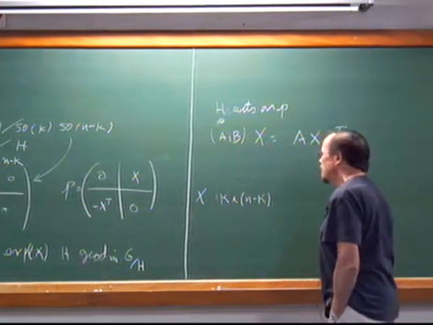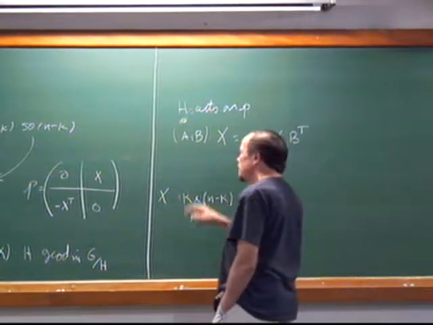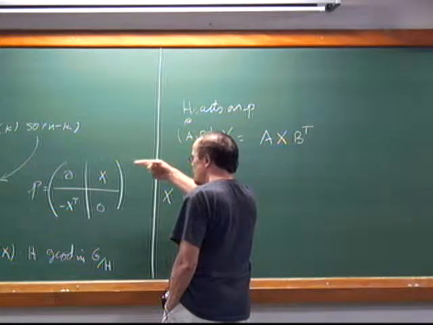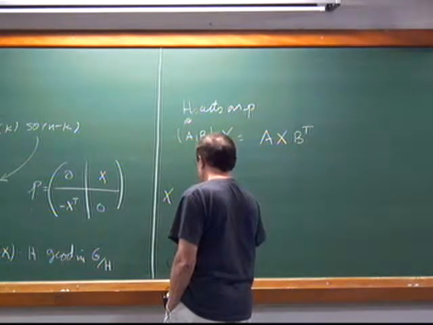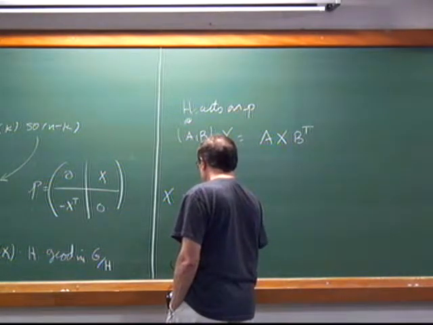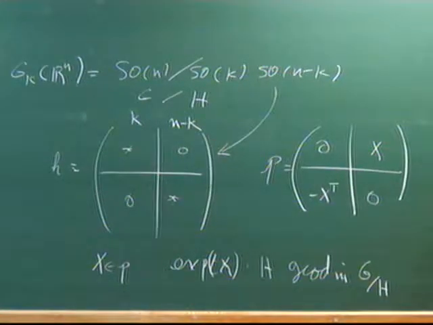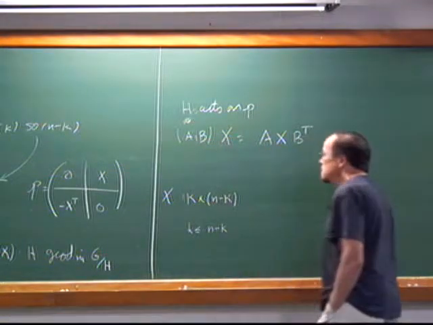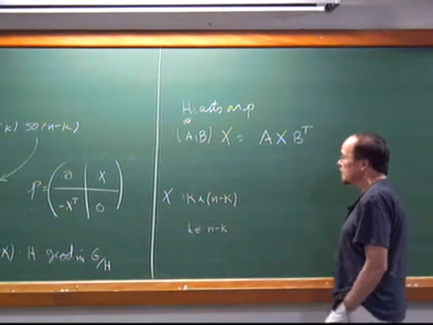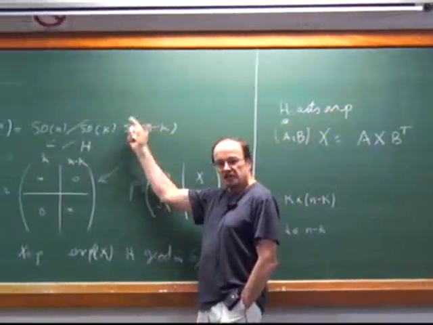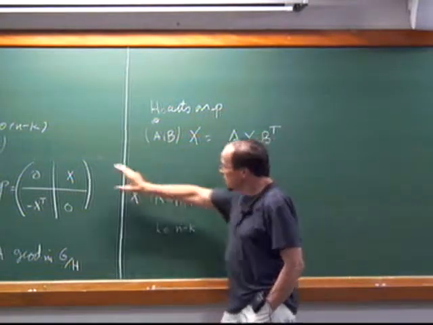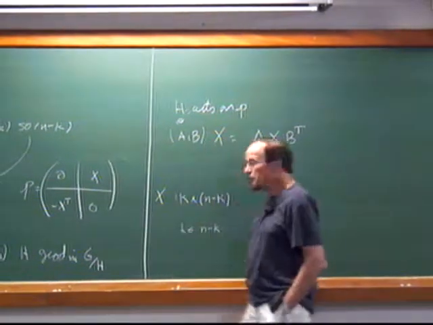And let's assume that k is smaller than n minus k. But of course, these two I can change, it's just the orthogonal complement of the plane if I want to. So I have more columns than rows in this picture.